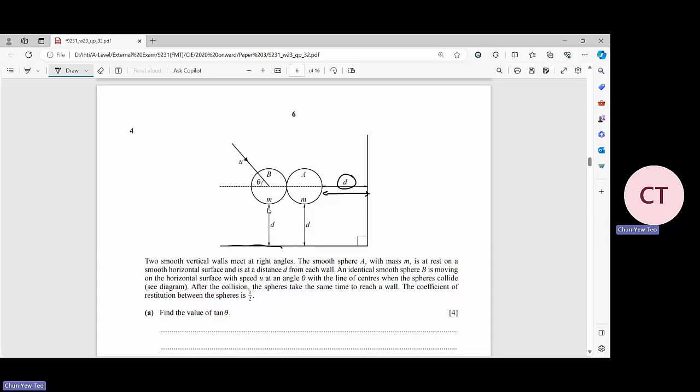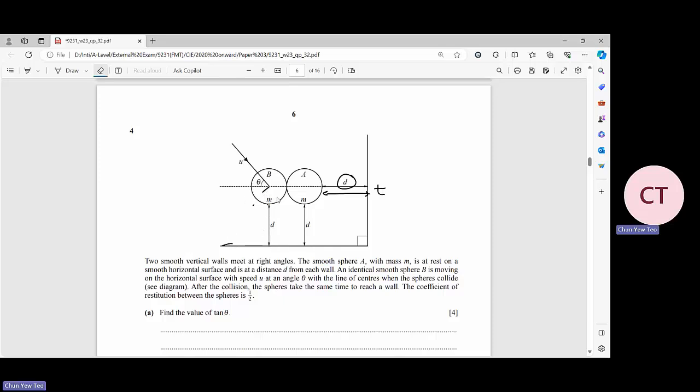The distance may not be d. It's just that the vertical distance is d. Maybe after that, B will rebound, go until here. The time taken T is the same. So B, after the collision, does not necessarily go this way.